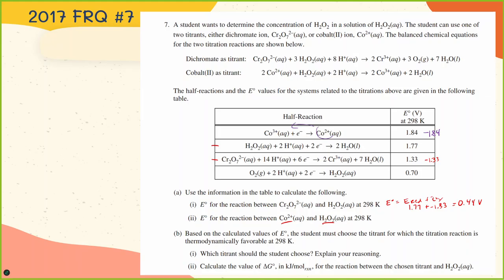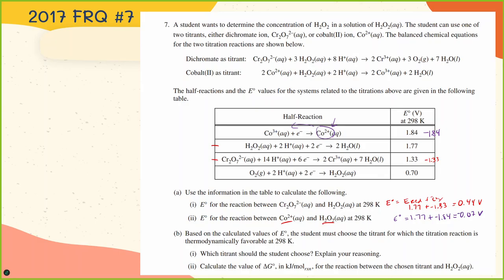So this would be 1.77 plus a negative 1.84. Once again, I have to flip this one because I'm reacting the cobalt 2, so that has to be the oxidation reactant, and this is going to come out negative for this one. They're going to ask thermodynamic data at the bottom there. So this ends up being negative 0.07 volts.